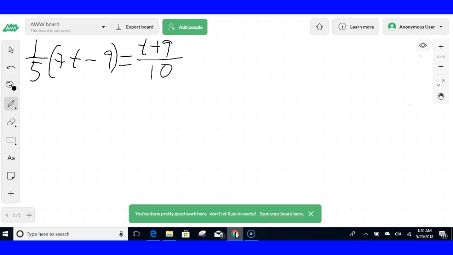As you can see, again, we can multiply 10 on both sides. We do that so we can clear the fraction. So that leaves me with 2.